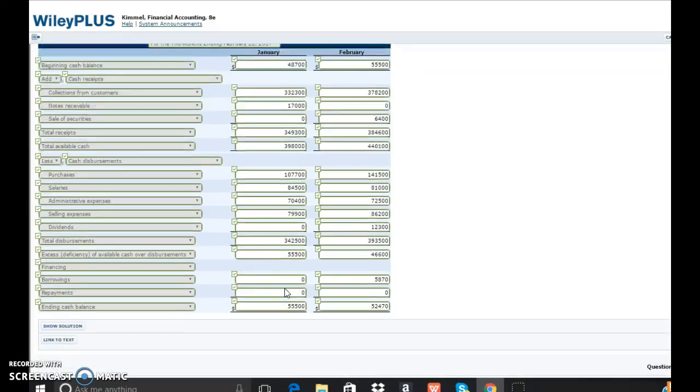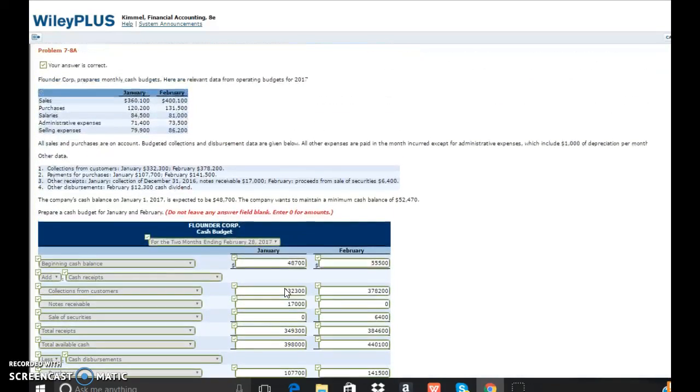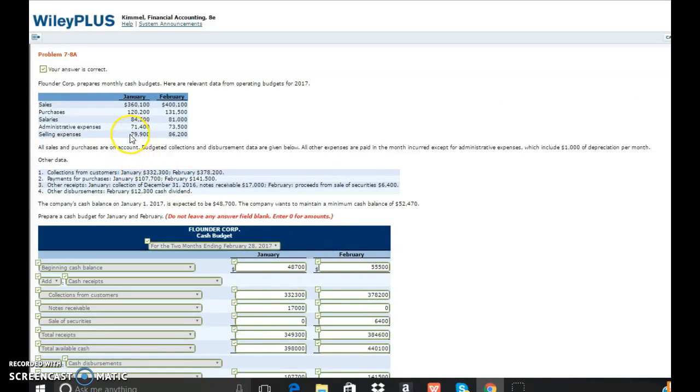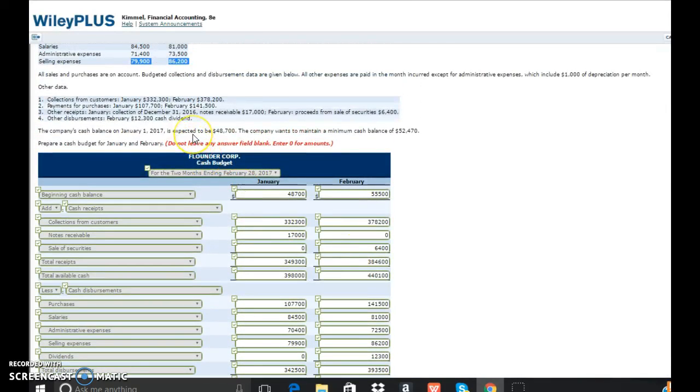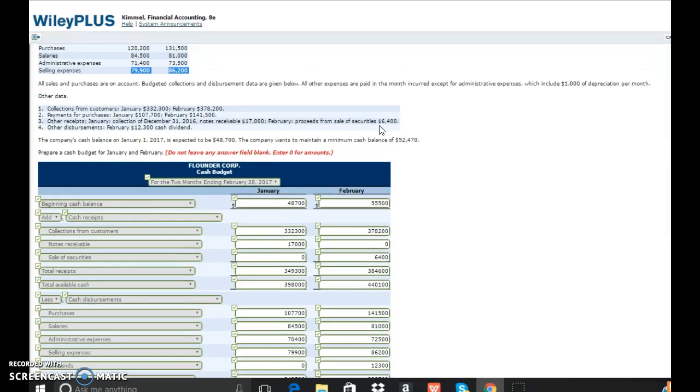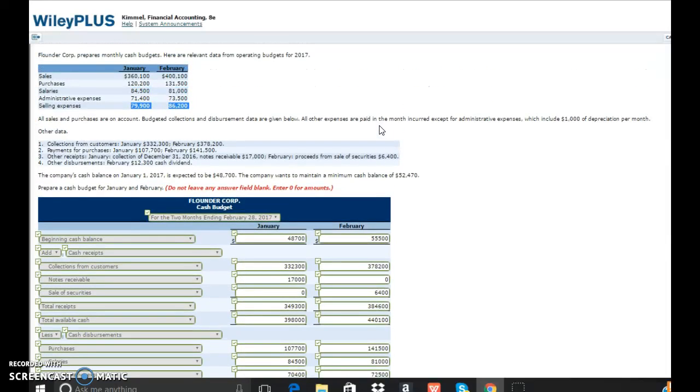Then we're going to put in our selling expenses, which, $79,900, were pretty straightforward. They were right here listed for you. So we're going to put those in for January and February. And then our dividends, we were told that, where was it?